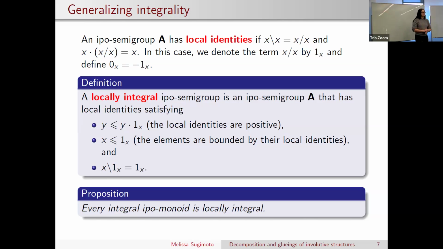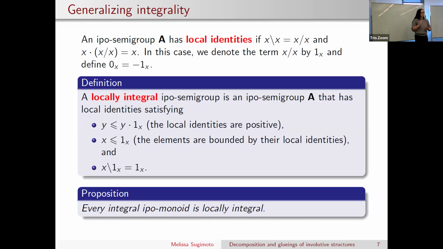And then we want these local identities to satisfy a couple properties. Namely, we want them to be positive, so multiplication by a local identity makes things bigger. And we want the elements to be bounded by their local identities, which is to say x is smaller than the local identity 1x. Third thing that needs to fall out of this is that x under 1x is again equal to 1x. If we satisfy all these three things, this is what we call locally integral.